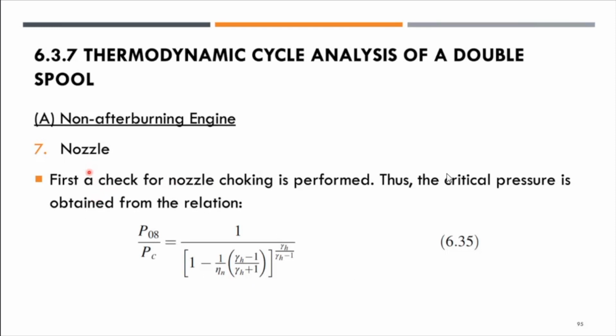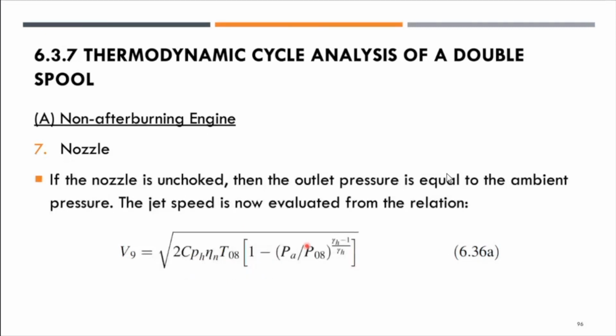And then for the nozzle, first a check for nozzle choking is performed. Thus, the critical pressure is obtained from the relation. So we have P08 over Pc, just to check whether the nozzle is in choking position. In the case of the nozzle being unchoked, the outlet pressure equals the ambient pressure. But if it is a choked condition, it is not equal to the ambient pressure.